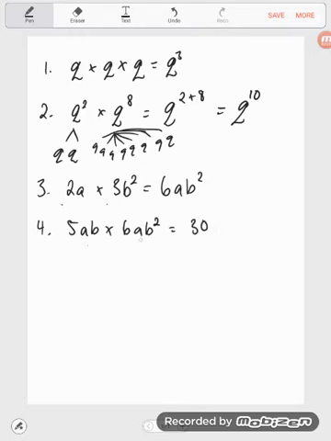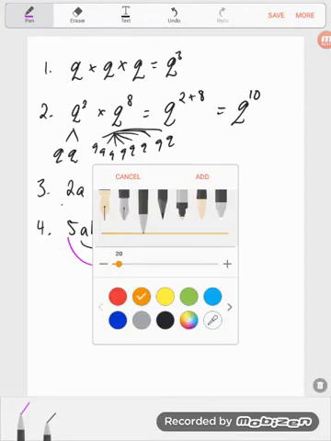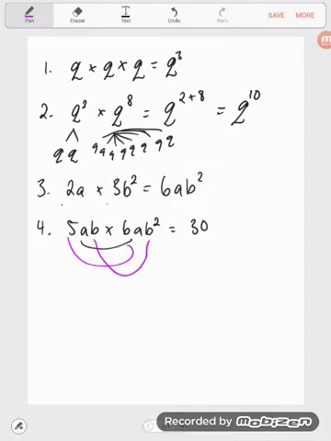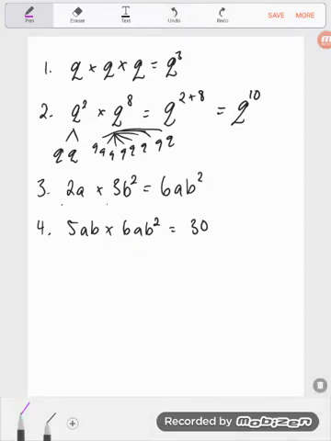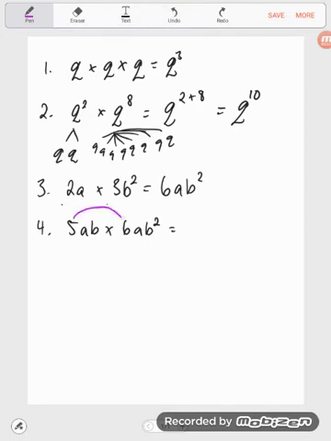Then we have a times a. Okay, so I'm just going to colour code them. Let me just colour code them all. So let's do 5 times 6, which is 30.